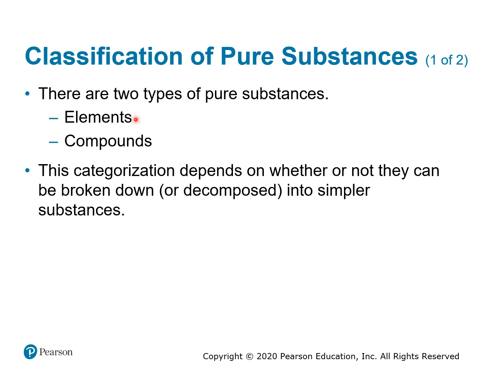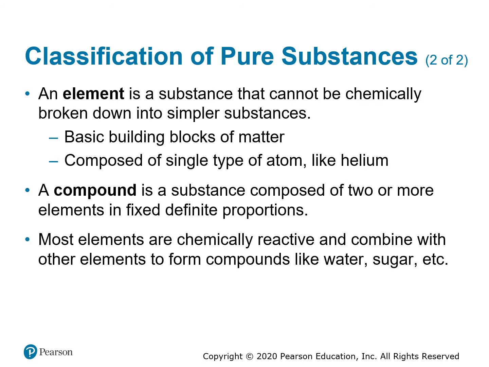The way we divide them into elements and compounds is whether they can be broken down into simpler substances. Elements cannot, compounds can be broken down. Elements cannot be chemically broken down. They are the basic building blocks of matter.